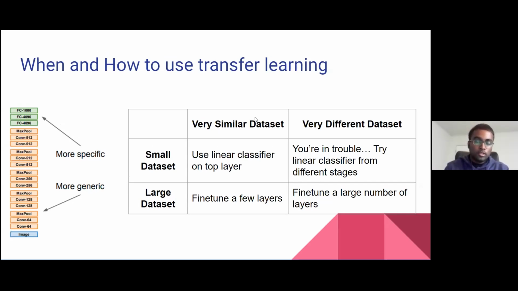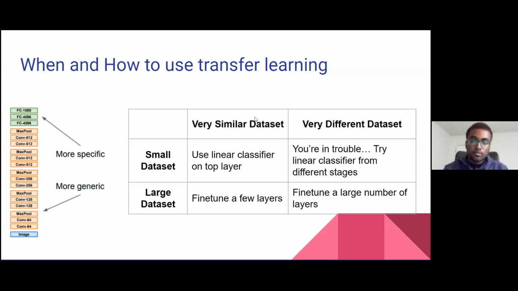If your dataset has similar probability distribution to the training data that the model was trained on, and the dataset is small, then you use a linear classifier. Or if your dataset has similar probability distribution to the training data the model was trained on, and the dataset is large, then you train the model for more number of layers.